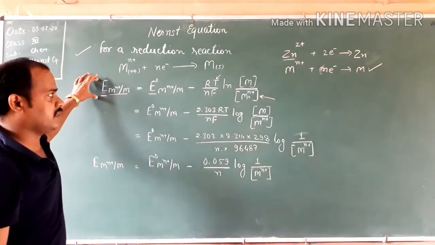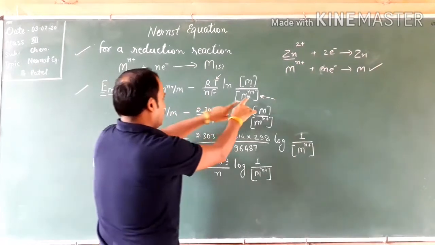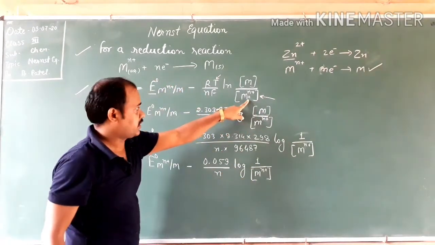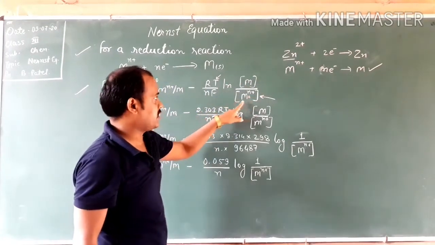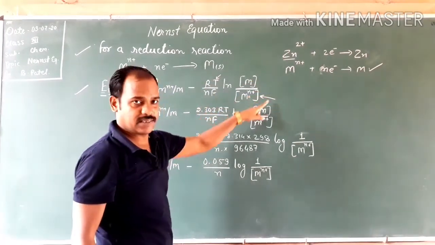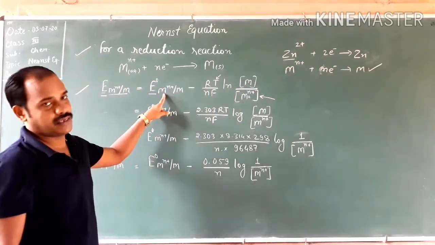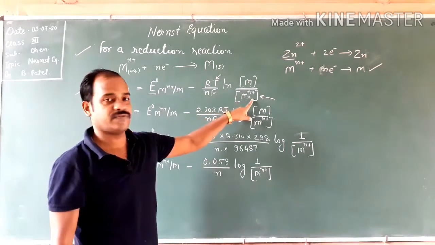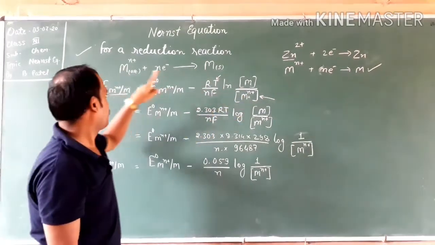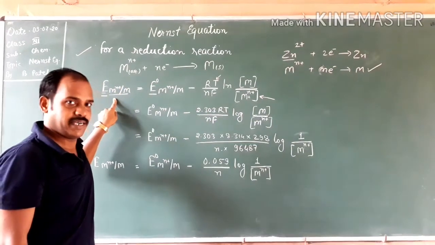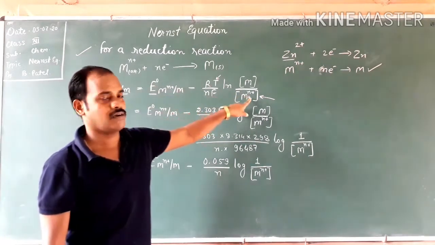It is very clear that if you increase concentration, this total value will decrease, and if it decreases, the answer will increase. So if you increase concentration, electrode potential will also increase. Means we can generate more electricity by increasing concentration.